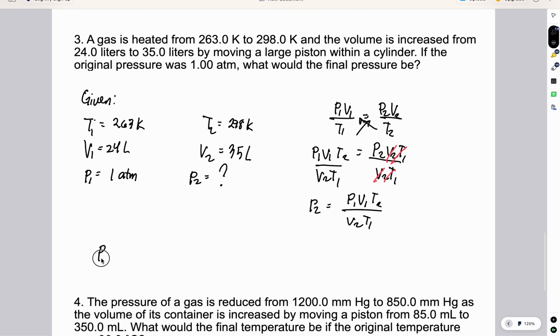And we plug in what we have. P1 is 180 mmHg, V1 is 24 liters, T2 is 298 Kelvin, divided by V2, which is 35 liters, and T1, which is 263 Kelvin. So we calculate this.